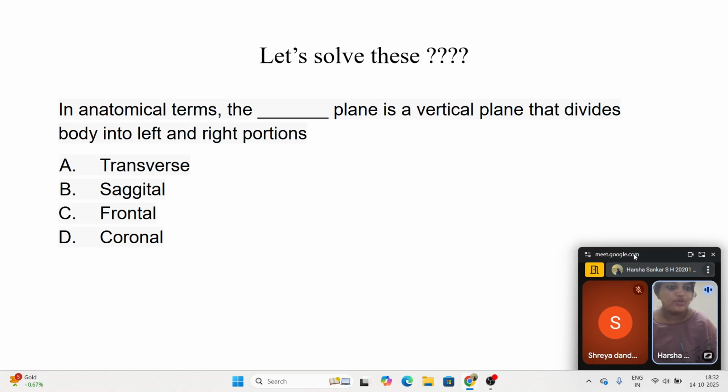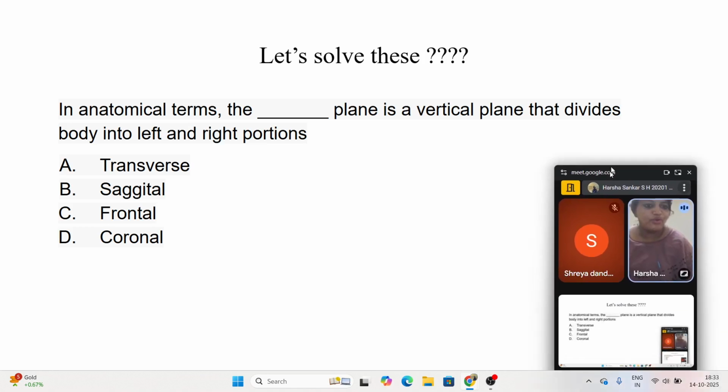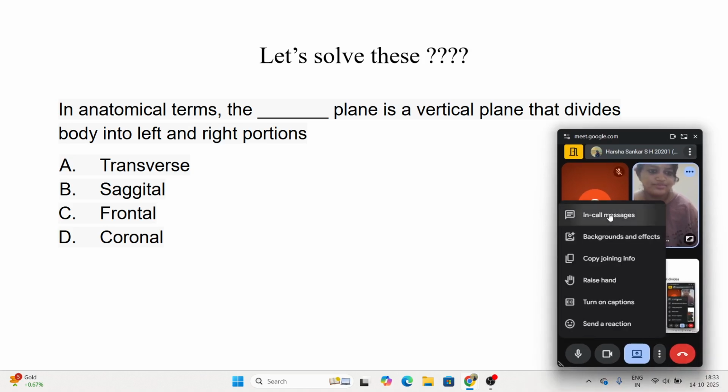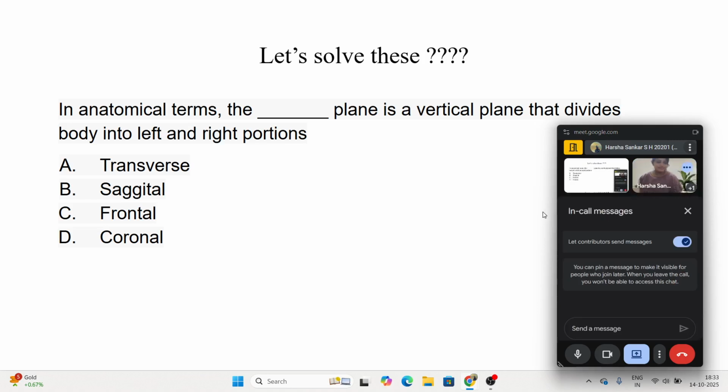So Shreya, you can answer in the chat box if you know. Otherwise, we can also discuss. It's fine, but try to answer anything.